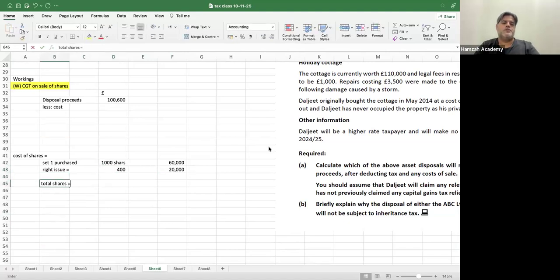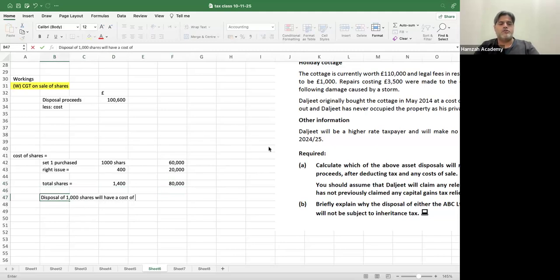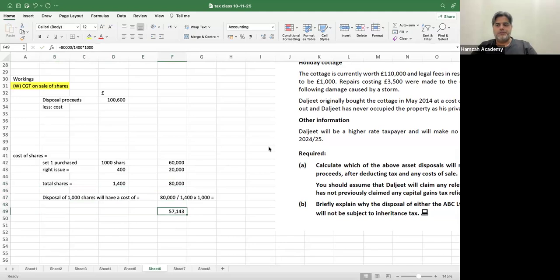So I have total shares of 1,400 with a value of 80,000. Now the disposal of 1,000 shares will have a cost of 80,000 divided by 1,400 times 1,000, which is 57,143.